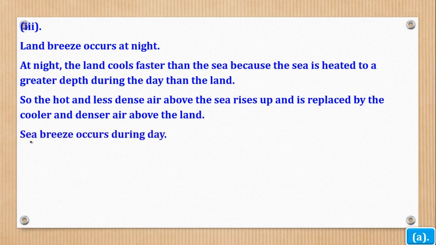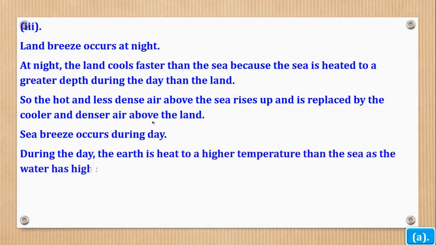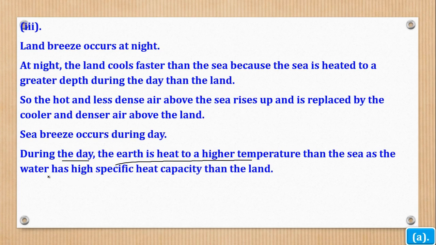What about sea breeze? For sea breeze, we need to remember that it occurs during the day. Therefore, we shall say that during the day, the land is heated to a higher temperature than the sea, as the water has a higher specific heat capacity than that of the land.